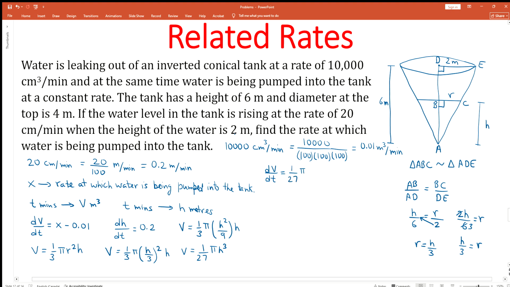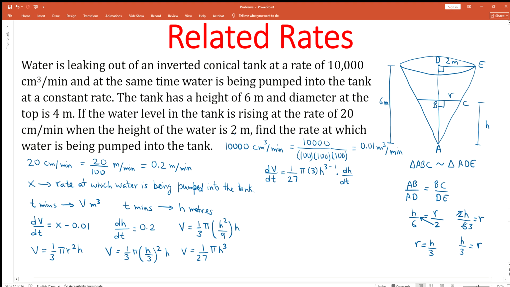We can use chain rule to find the derivative of h cube with respect to t. We start with the power rule. We move the exponent 3 to the front of the term and subtract 1 from 3 in the exponent times dh over dt. This is the derivative of the volume equation with respect to t.